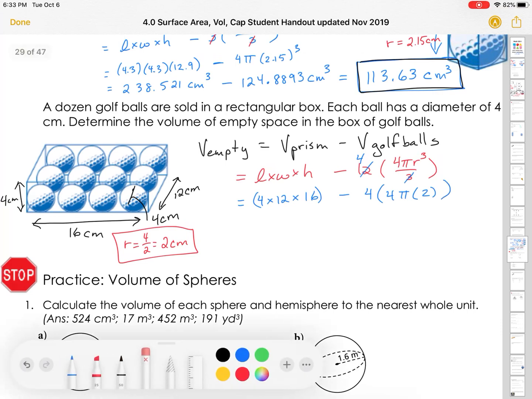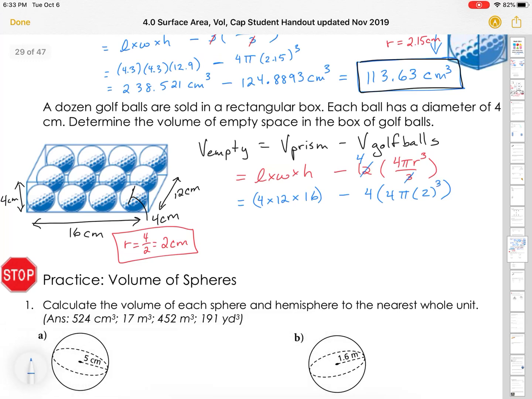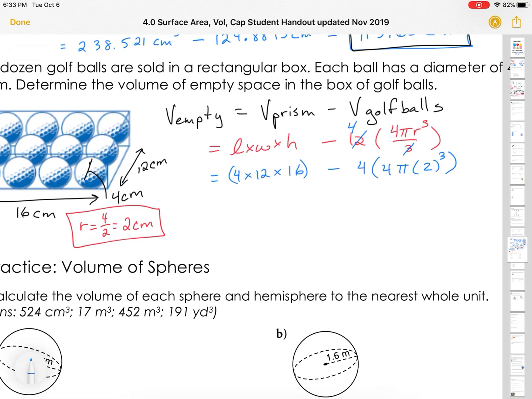I wrote it squared there. I'm going to just tidy that up a bit. And I'm going to make it a little bigger. So let's multiply. 4 times 12 times 16 equals 768 centimeters cubed, because it's volume.